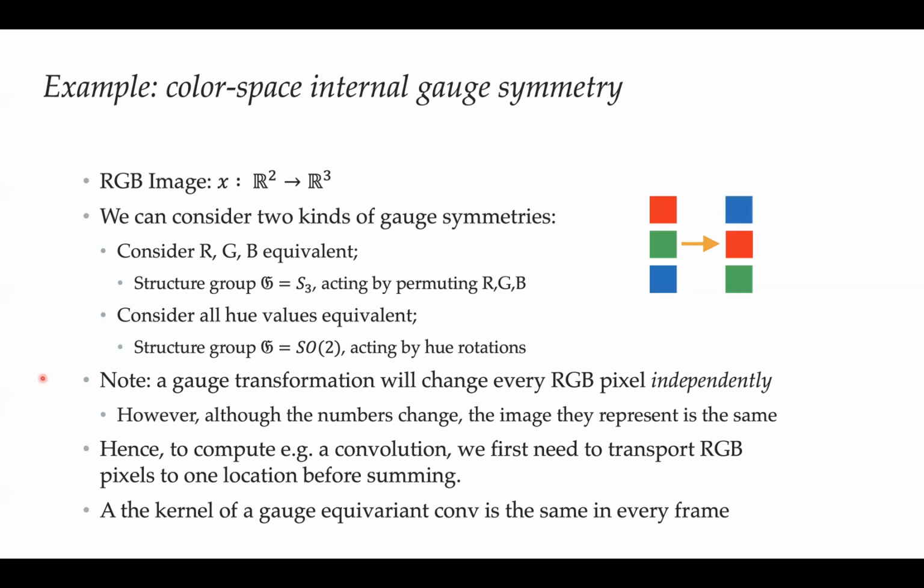But if you assume that this gauge transformation is a symmetry, then you automatically, from the theory that we'll look at later this lecture, get a constraint on your convolution kernel, which essentially says that each of the 3 colors has to be treated equivalently. In the same way that a rotation equivariant net would treat every direction equivalently, this would treat every color equivalently. And so it could automatically generalize across colors of an object.